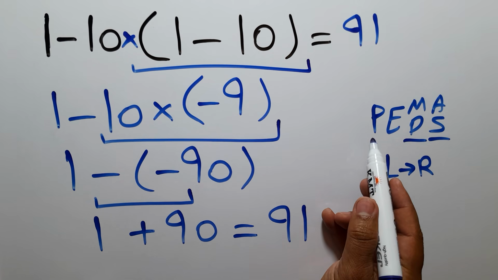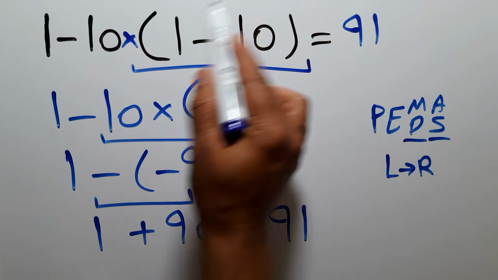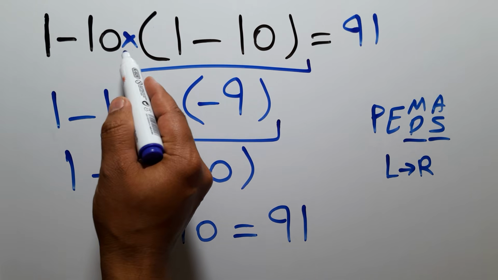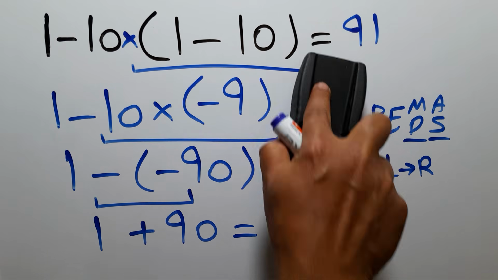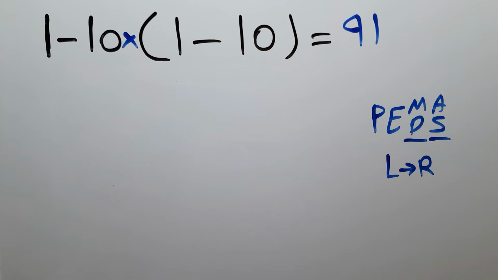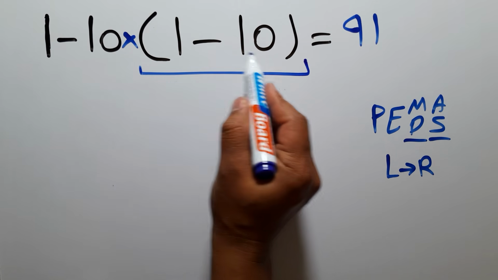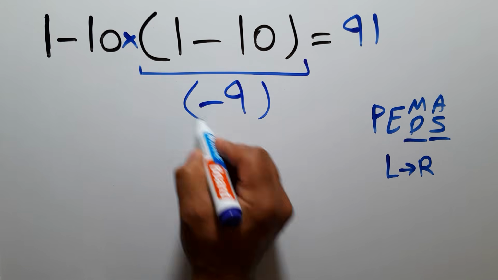But if you don't follow this rule and first do this parentheses, then this subtraction, and finally this multiplication, you'll get the wrong answer, like this. First this parentheses. 1 minus 10 gives us negative 9.